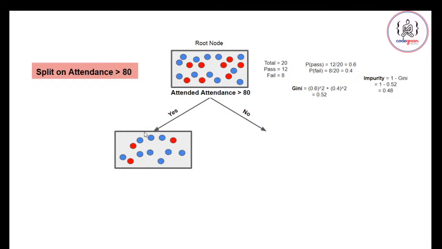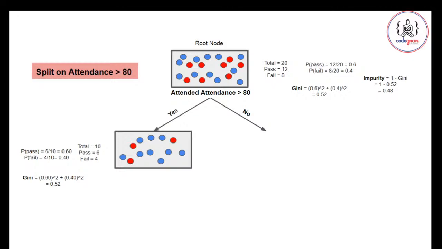All right, so you have this left subnode, and here you have a total of 10 data points after splitting, and here the pass is 6 and fail is 4. So you can calculate the probability easily, and after calculating the probability of pass and probability of fail, you can calculate the Gini easily now, right? So here it is.